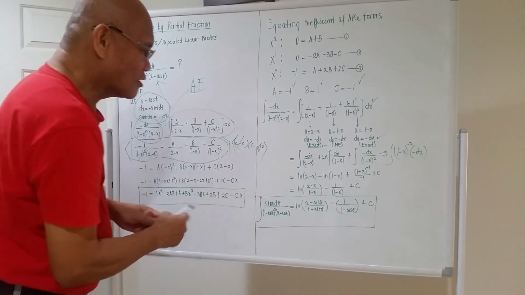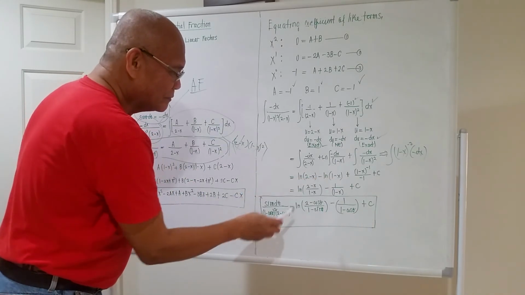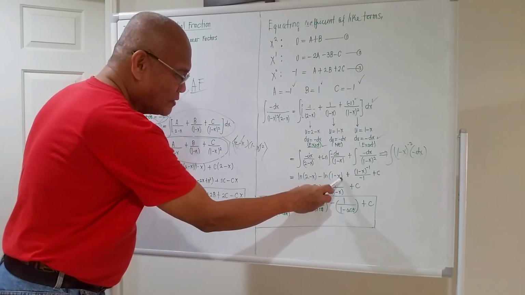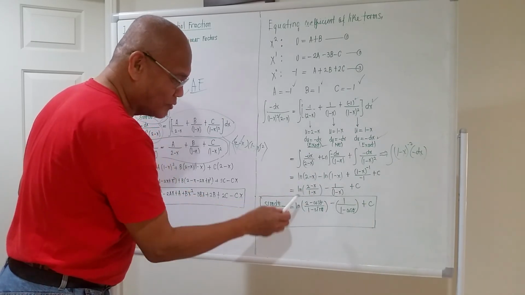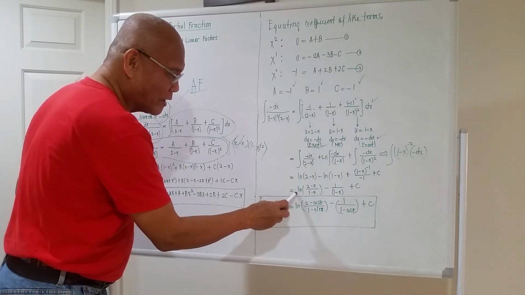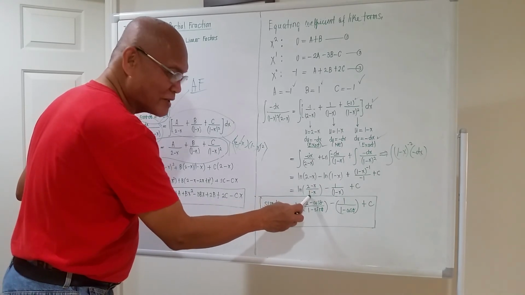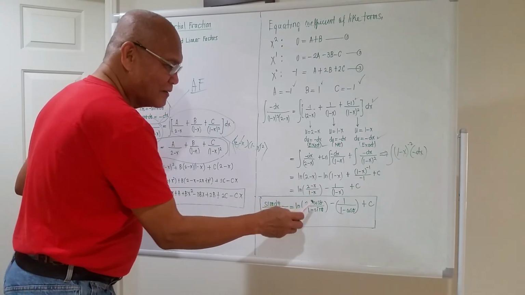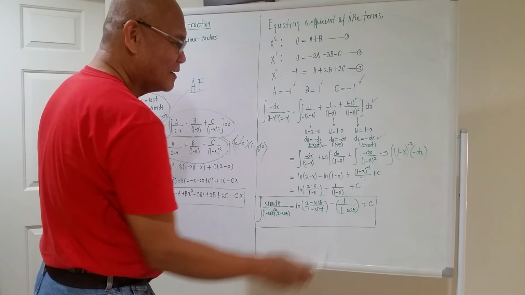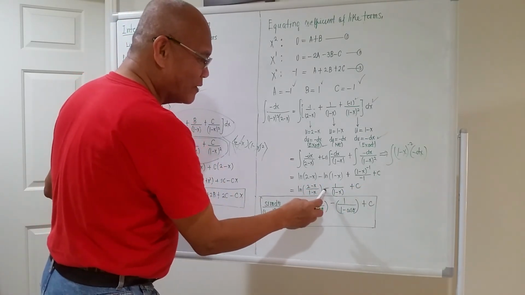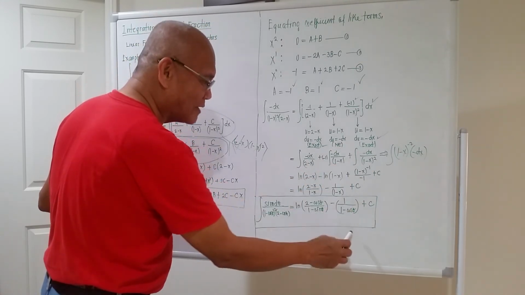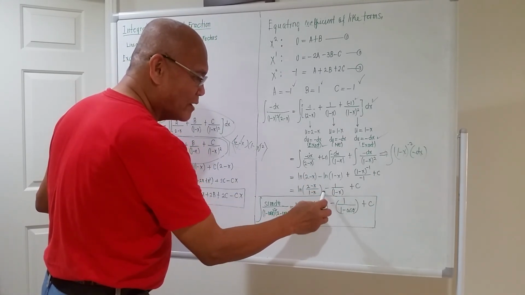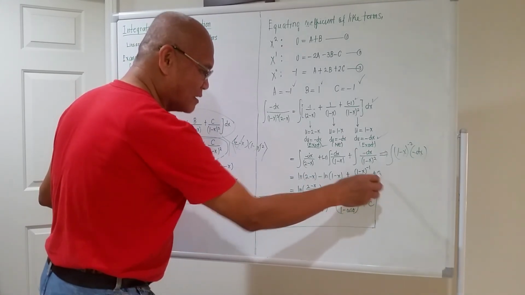Then combining this: this is plus, this is minus, under one natural logarithm sign, so this should go under the denominator. This should be natural logarithm of 2 minus x over 1 minus x. Plus and minus will be minus. We eliminate the negative exponent, we bring it down. So this is minus 1 over 1 minus x plus c.